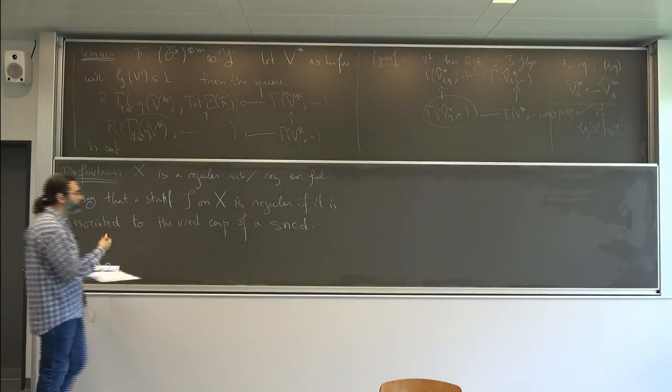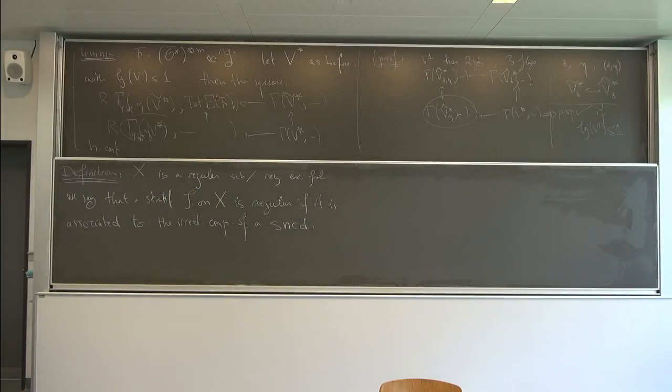That's what I mean. You have a normal crossing divisor on X, and you look at the stratification which is the coarsest one for which the irreducible components are constructible. Okay, so you take intersections of irreducible components and you look at the connected components, and these are the strata.